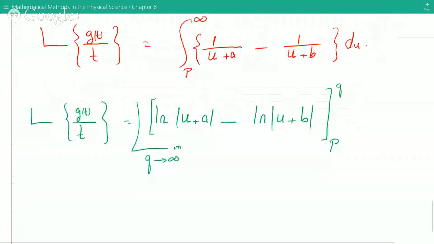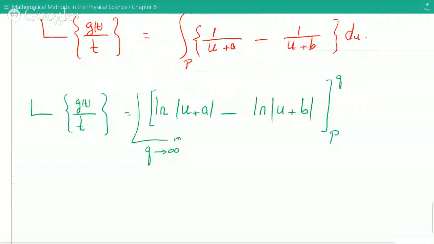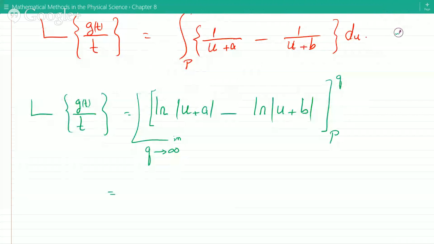Okay, so now let's go ahead and evaluate this integral. First I can put them into one log, yeah?